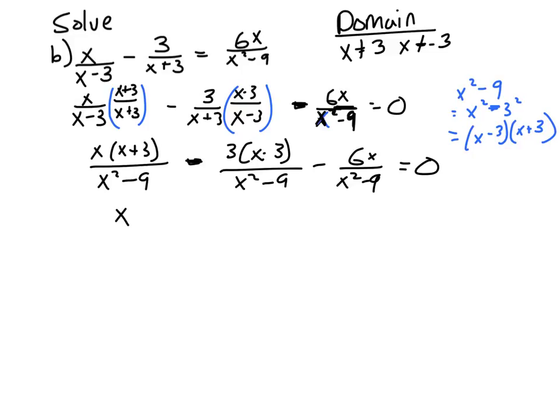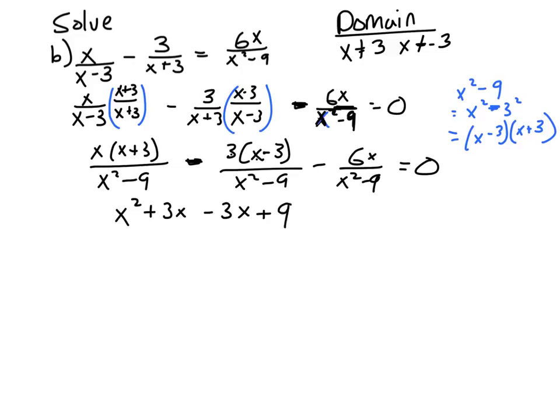So this is x times x, which is x squared, and then x times 3, which is 3x. Plus 3x minus, so negative 3 times x is negative 3x, and then negative 3 times negative 3 is positive 9.